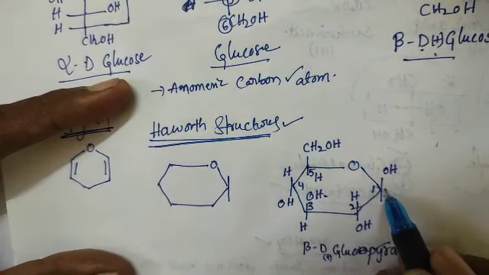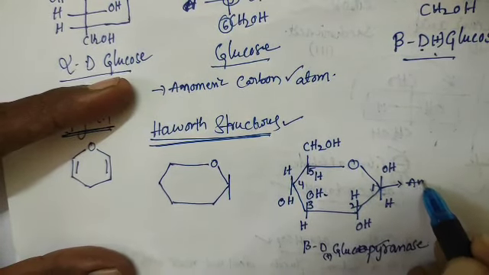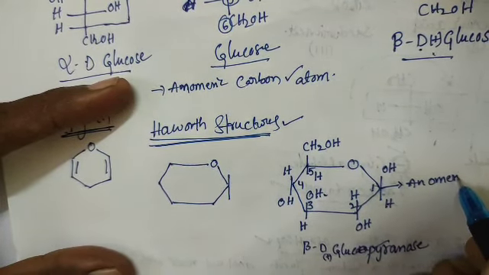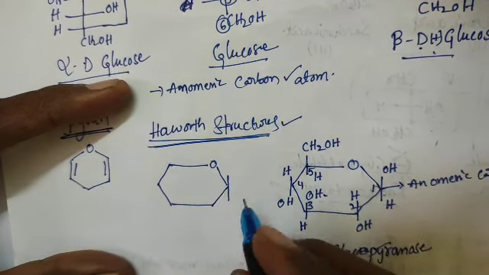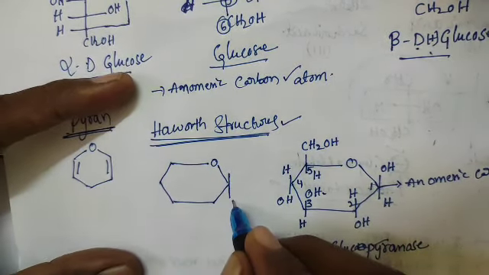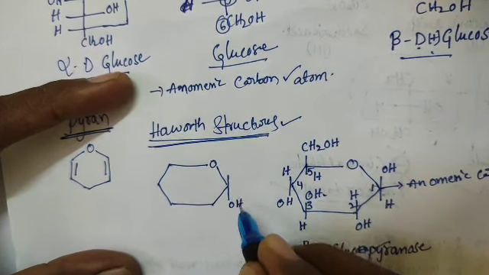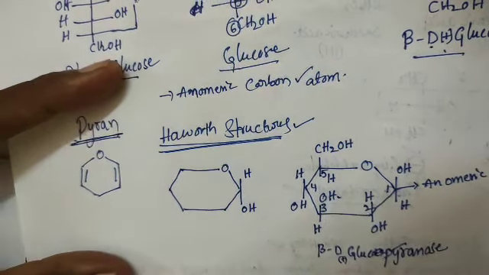Now in this structure, this is the anomeric carbon, no? Anomeric carbon, so the anomeric carbon is the only difference. So we will write here OH down, H up, that is the only difference.